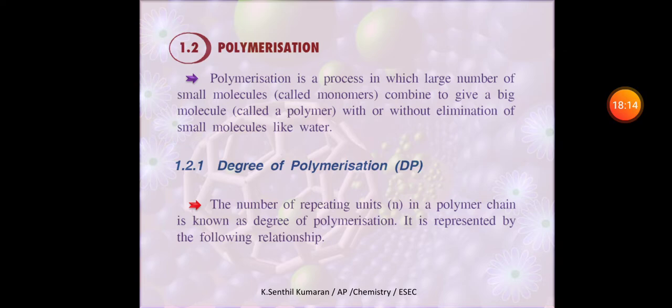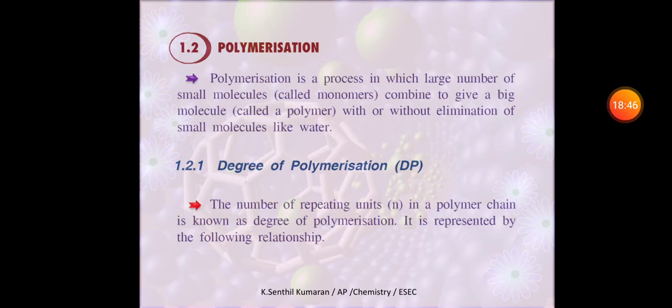Addition polymerization means formation of polymer with the help of a large number of monomeric units without elimination of small molecules. Just addition between two or more monomeric units.